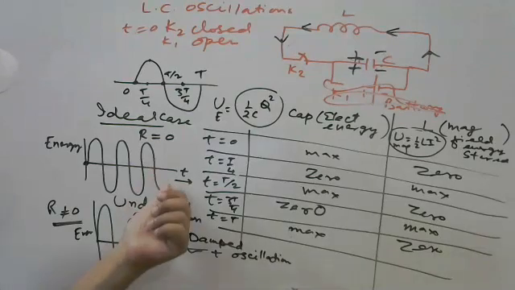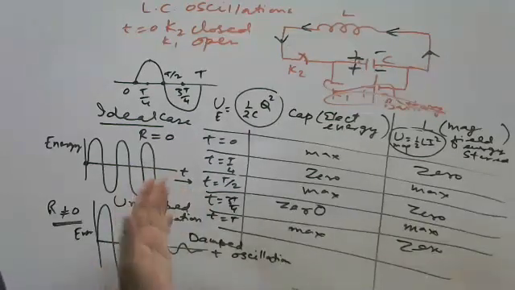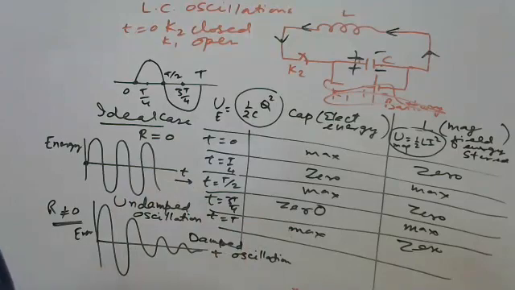If resistance is there, then this energy is lost in due course of time, in a few cycles. If there is no resistance, there is no loss, because in an ideal inductor and ideal capacitor, there is no loss of energy. It is called undamped oscillations, and this cycle is repeated.